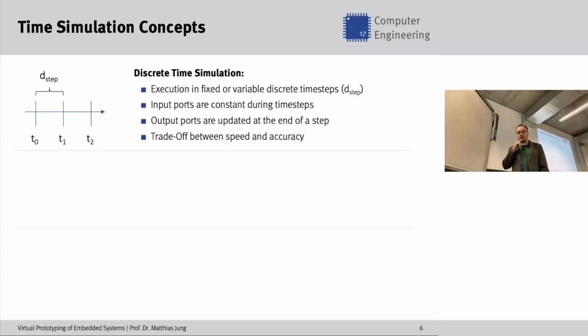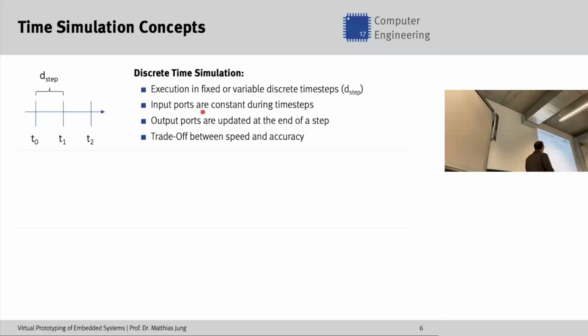When we simulate time, we also have some concepts that we have to look at. So this is the discrete time simulation, where we always execute the simulation with fixed time steps. Yeah, so we say, okay, maybe this is 10 nanoseconds or whatever, and then we simulate in these steps, basically.